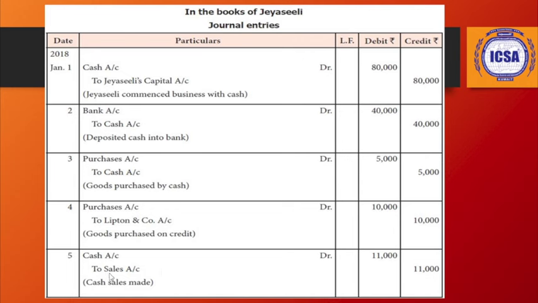So that's why, as we had studied in the accounting equation topic, when we were studying the double entry, what is going to be debit, what's going to be credit: assets, liabilities, incomes, expenses. There we had studied all incomes are credit. So sales are income for the business, that's why sales are credit, and cash asset has increased with 11,000, that's why it is debit. So cash debit and sales credit.